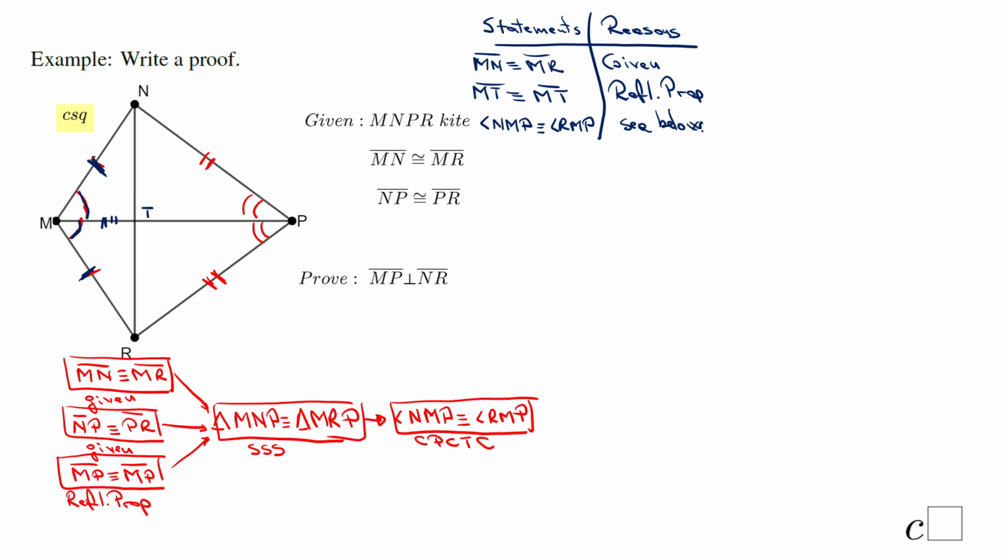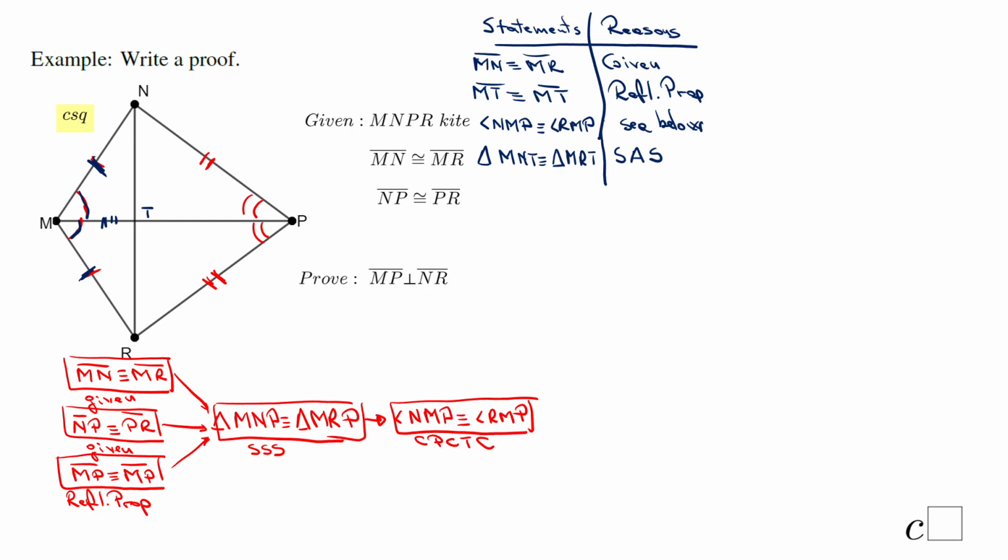So now we know the two triangles I mentioned, triangle MNT congruent to triangle MRT, and like I said, let's be consistent, and the reason will be side angle side theorem.